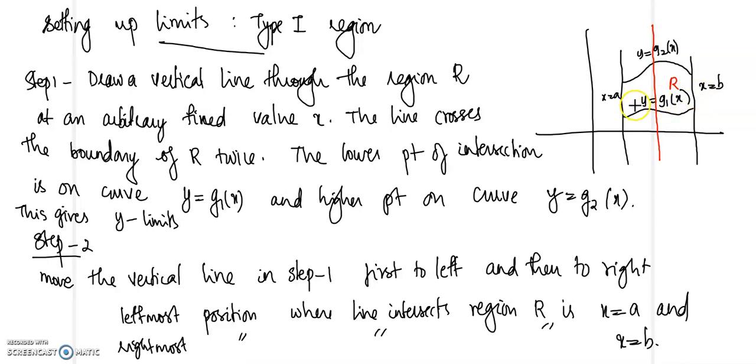Similarly, when you move to the right, the line intersects the region R at x equal to b. So that gives the outer limits: the lower limit will be x equal to a and the upper limit will be x equal to b.